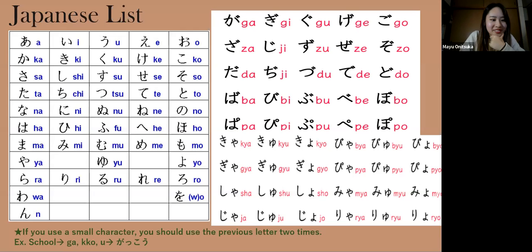There are ya, yu, yo, but if I want to say yi, it's like the same i sound. So ya, yu, yo are like that. Please wait just a second.